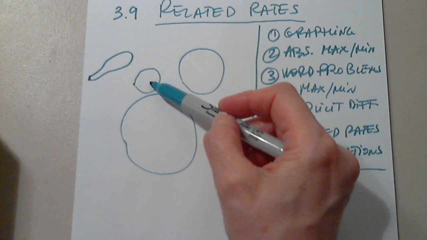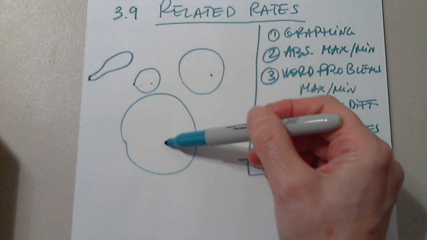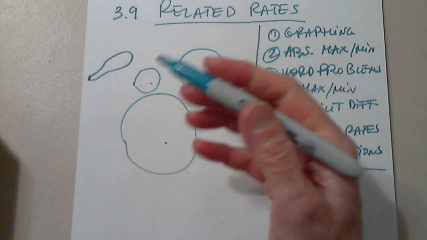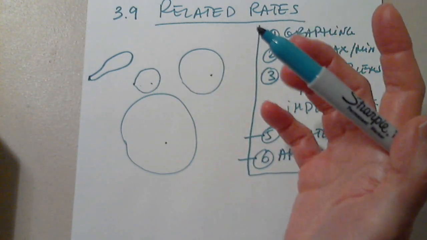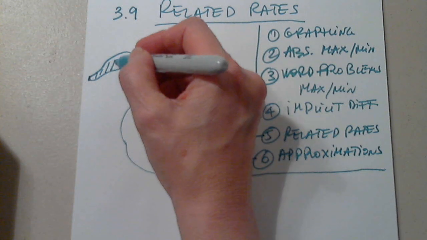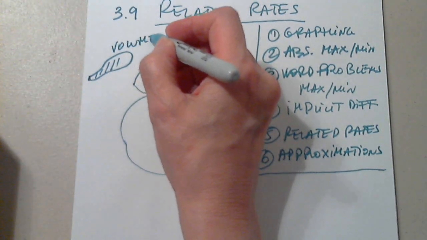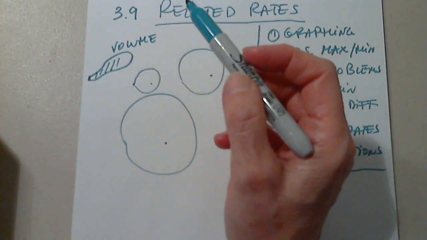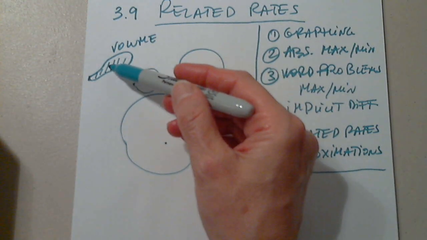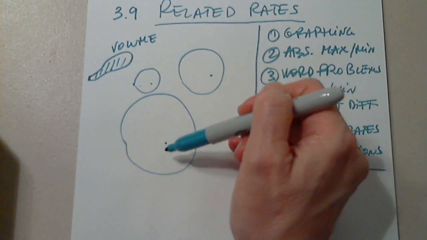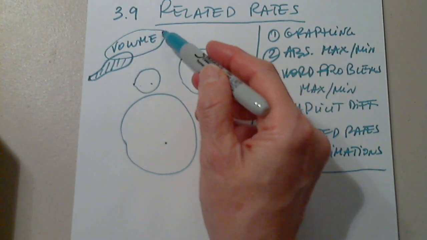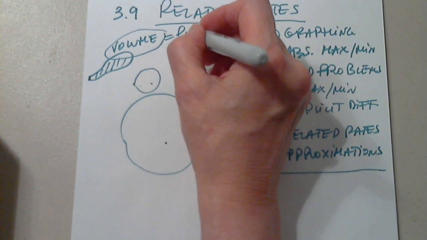No air, little air, more air, more air. So notice what happens here. The volume of air changes. It had very little, more, more, more. So the volume is a function of time.